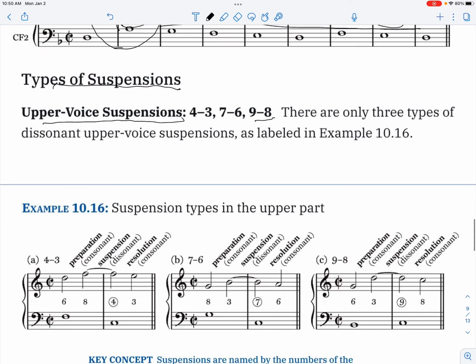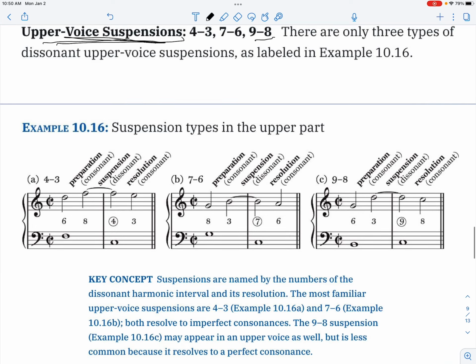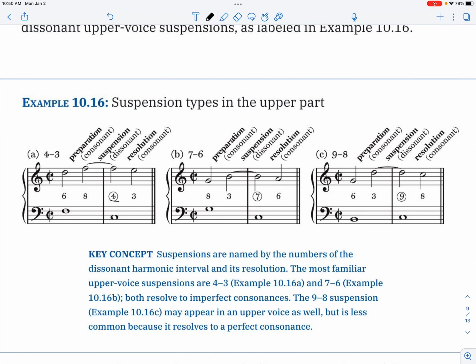So let's look at examples. These are the 3 types of suspension when it happens in the upper voice. The first one is a 4-3 suspension. That's the suspension, and it resolves down to another consonance. This one is a 7-6 suspension. That's a preparation and suspension, and then resolve.